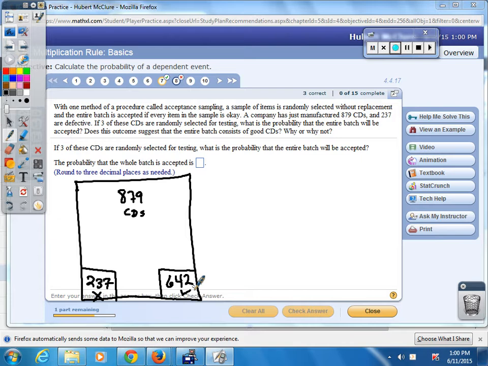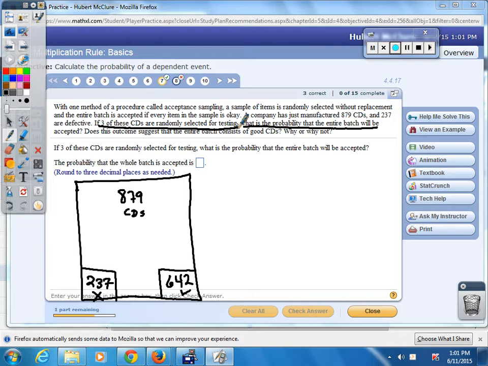Now, the problem says, what is the probability, okay, if 3 of these are randomly selected, 3 of these CDs, 1, 2, 3, are randomly selected, what is the probability that all 3 are what? Good. Because if all 3 are good, the whole batch will be what? Accepted.